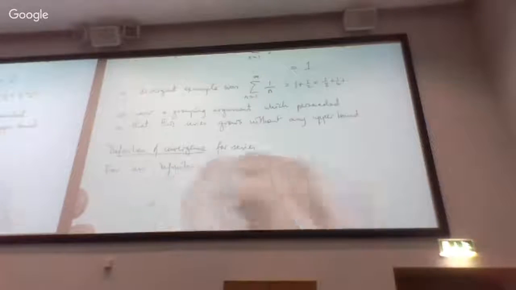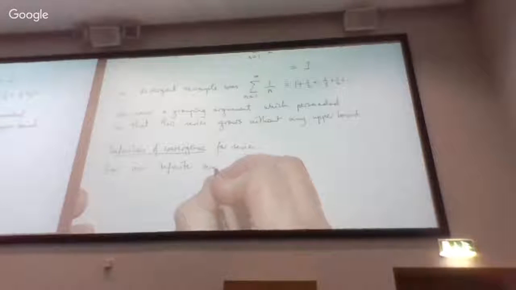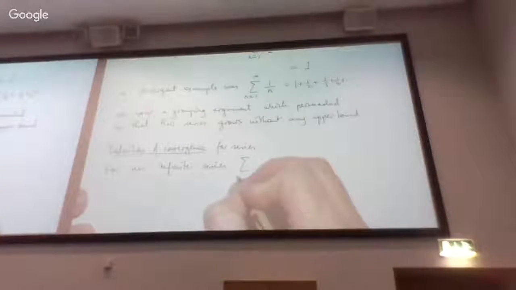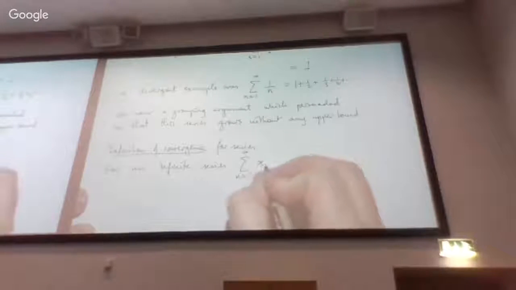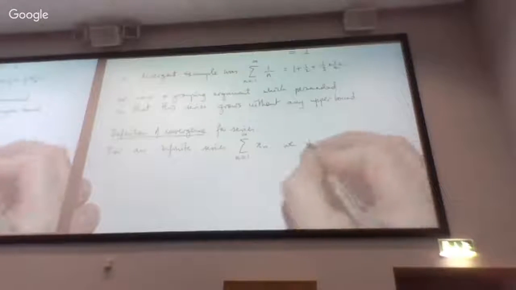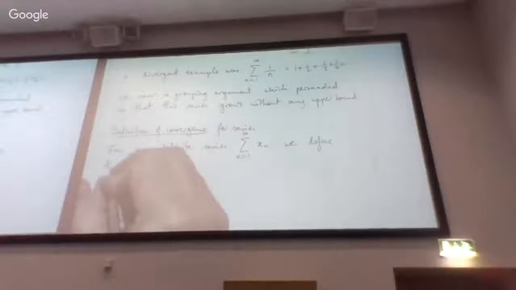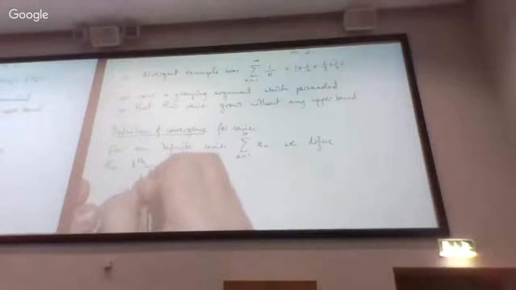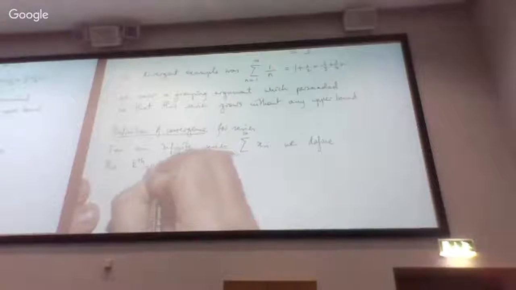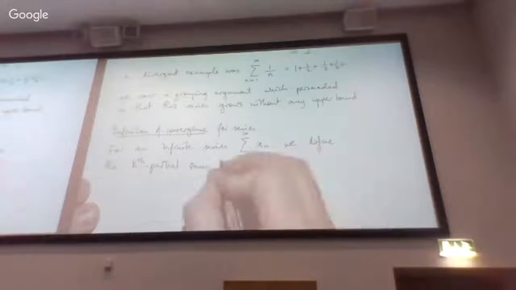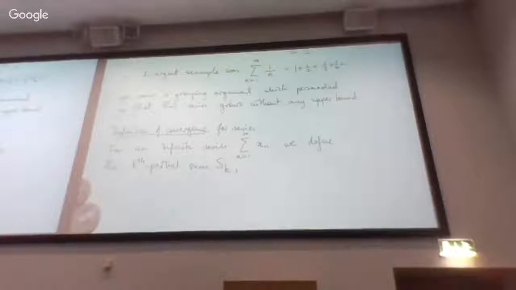So first we have the concept of a partial sum. For an infinite series, speaking in general now, for an infinite series like this, which is the sum of an infinite number of terms, we define the partial sum. I'm repeating what I did yesterday morning here, but there's no harm. The partial sum, which we might call s_k, we define as s_k equals x_1 plus x_2 all the way up to x_k.